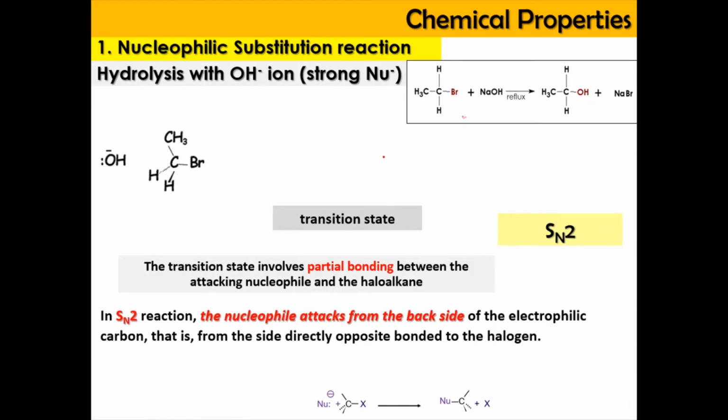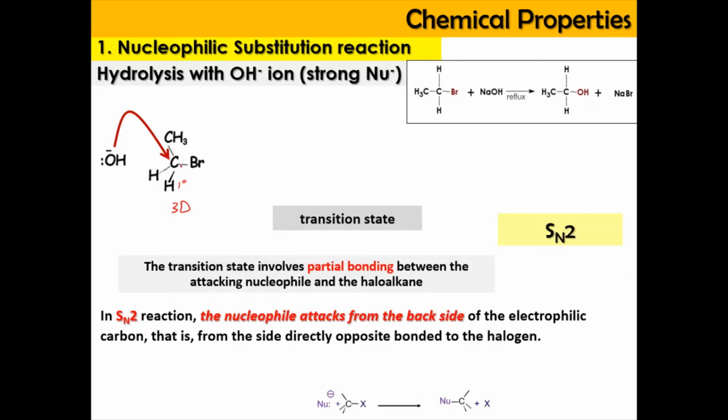So first we draw again the structure of the given haloalkane, which is our primary haloalkane, and we need to draw it in terms of the 3D structure. So two of the atoms are in plane, one out of plane and one behind the plane. Okay, and the hydroxide ion from the NaOH will then be used to attack the electrophilic site.